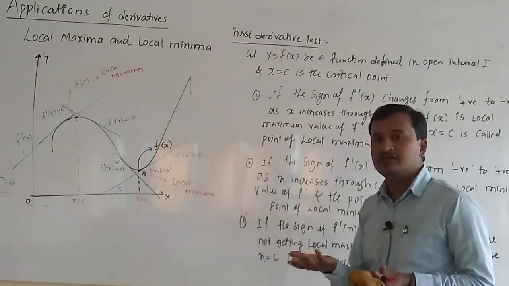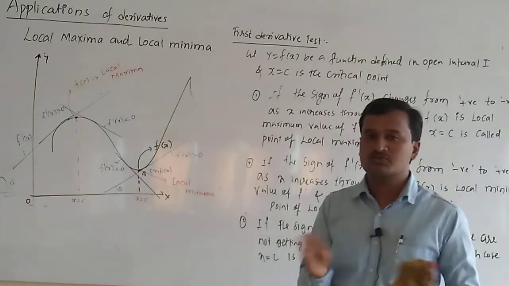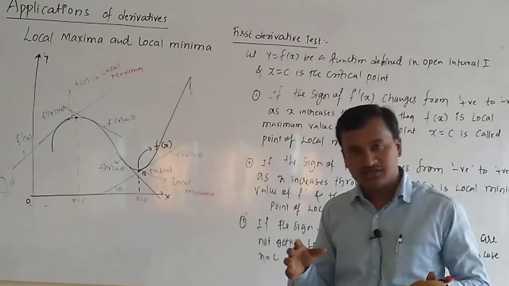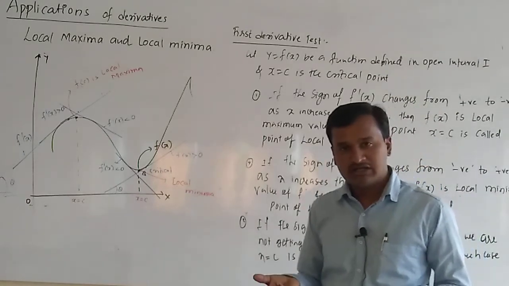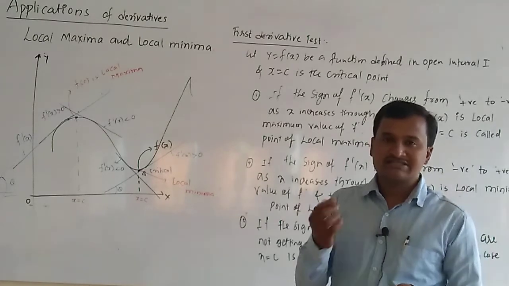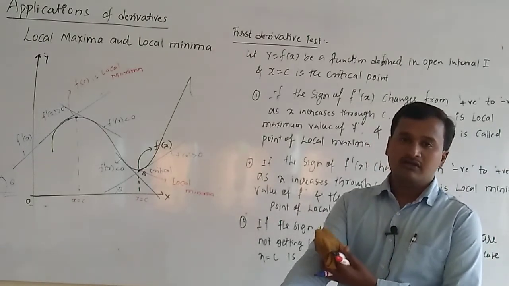If the sign of f dash of x does not change, if it does not change from positive to negative or negative to positive, in that case we are not getting the local maxima or local minima of the function, and also we are not getting the local maximum point or local minimum point. In such case, x equal to c is called the point of inflection.